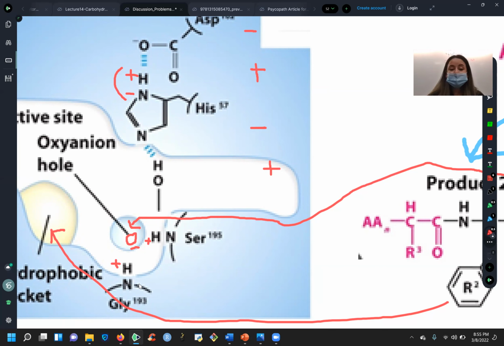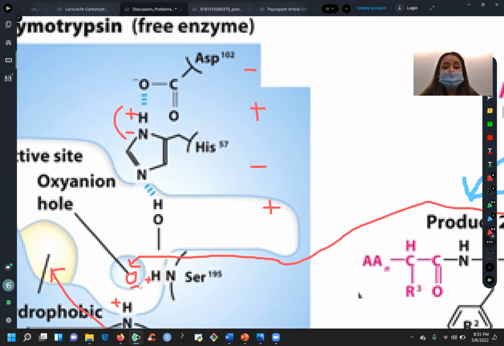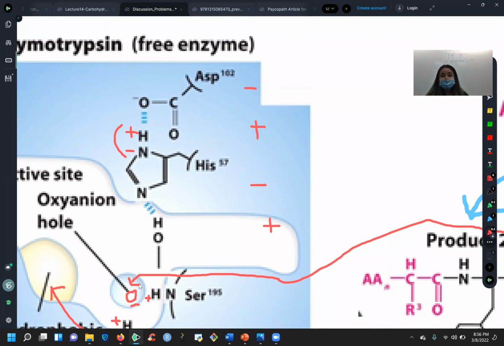So yeah, glycine is not a part of the catalytic triad. The catalytic triad is aspartate, histidine, and serine. Okay, so let me walk you through each step because it gets down to that level. Okay, aspartate. You see this oxygen and this hydrogen on aspartate, this hydroxyl group? Oxygen has a partial negative, we know that.